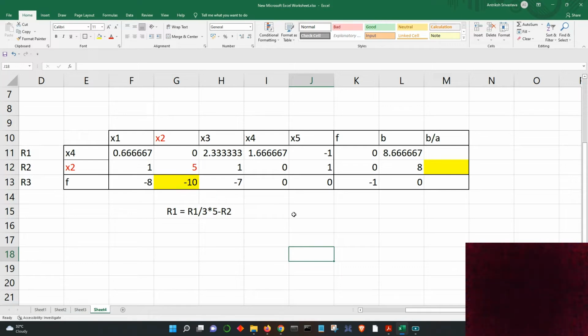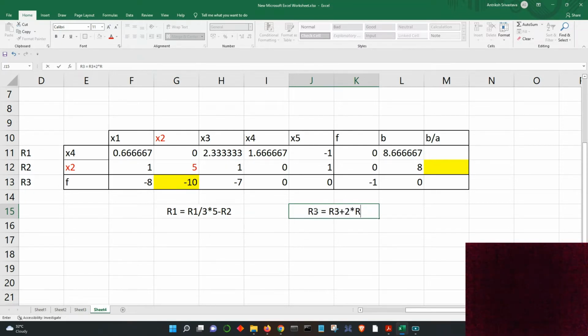Similarly, tell me what should be the operation for R3. Yeah, R3 should be R3 plus 2 into R2, right? So let's get the value here also.